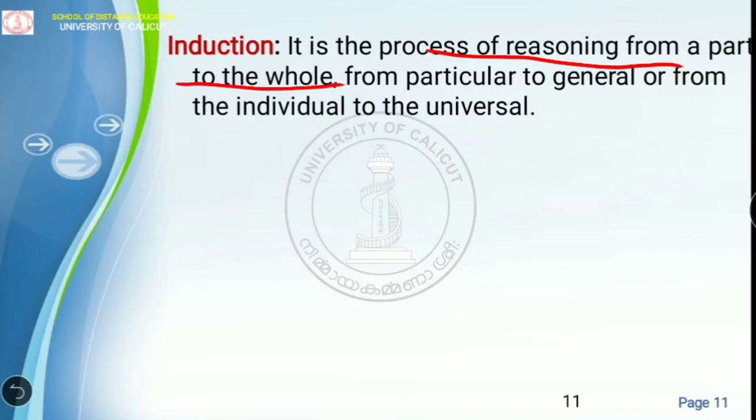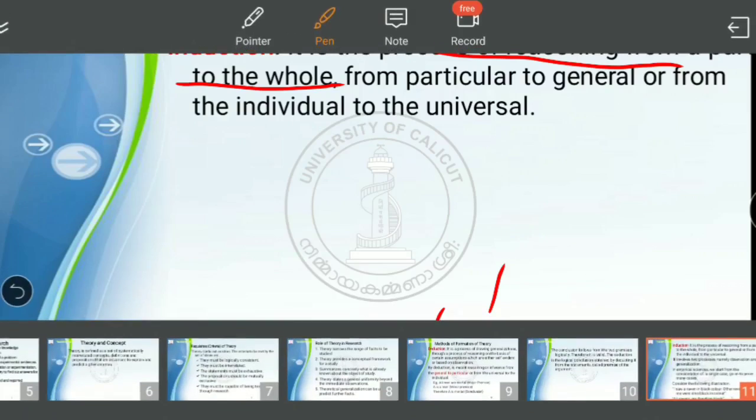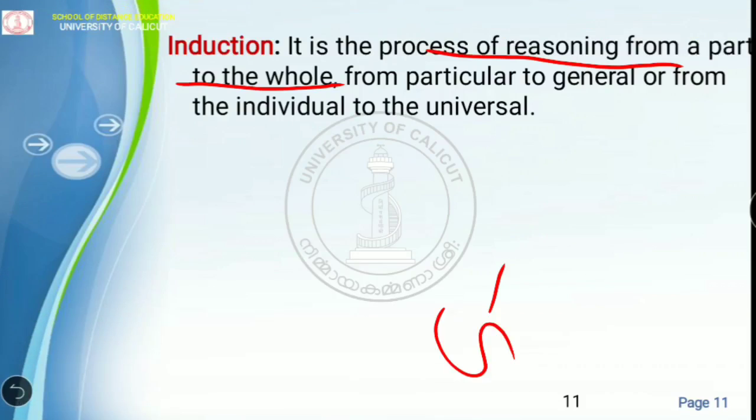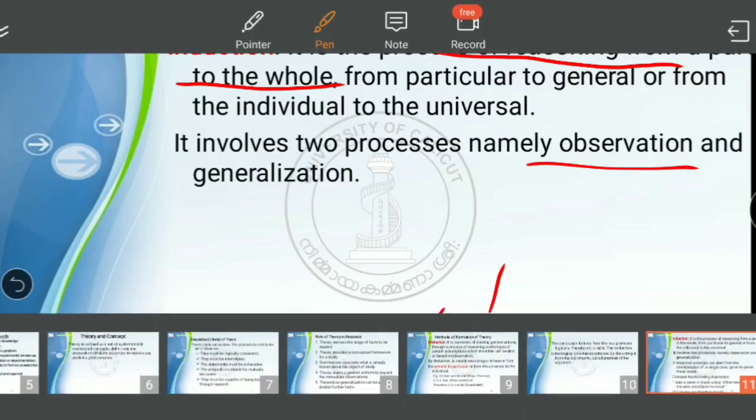In deductive reasoning, it moves from general to particular, but in inductive reasoning it moves from particular to general conclusion. Inductive reasoning is used in investigation by the policeman. It involves two processes, namely observation and generalization. Firstly we observe, then we reach a general conclusion.